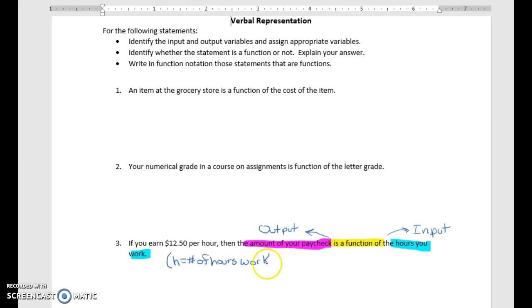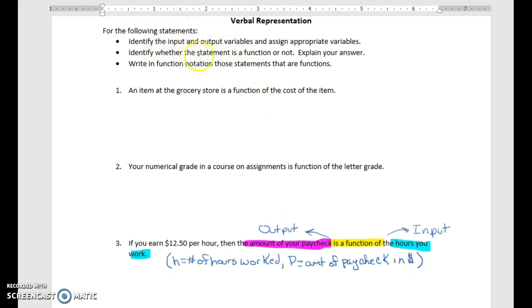And again, I'm writing this in ordered pair because that clearly tells us which one is our input and which one is our output. And for the amount of our paycheck, we can easily use A or P. I'm going to use P here, is the amount of paycheck. And we have to make sure we give it units, which is the amount of paycheck in dollars.